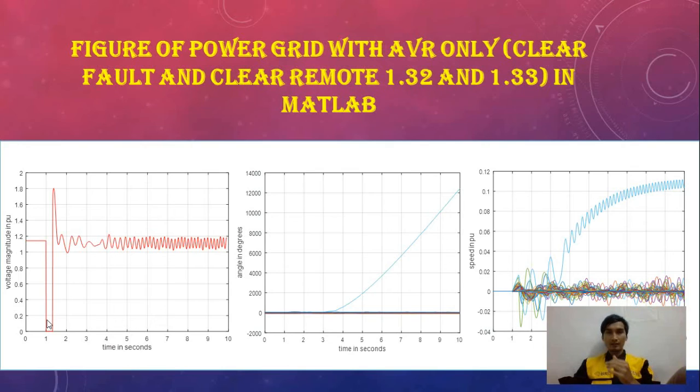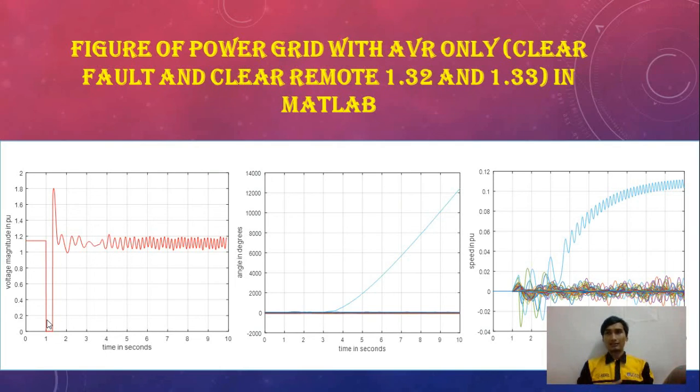So we can conclude that the power grid with PSS and AVR is more efficient than AVR only and without PSS and AVR. This is because PSS and AVR can maintain the generator speed in the right way better than AVR only.